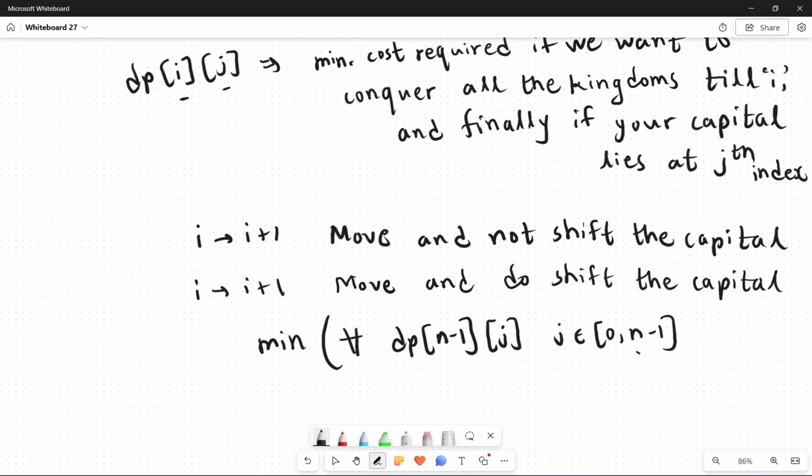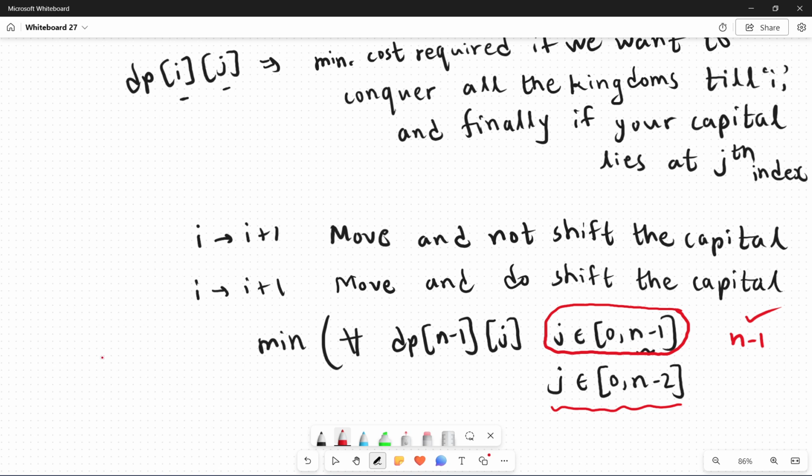Actually, if you think cleverly, j belongs to 0 to n minus 2, because if you conquer the last kingdom, the one at index n minus 1, then basically you're done. You don't have to shift your capital there. So j belongs to 0 to n minus 2. In this case, an O of n square solution would have been accepted, or you can say fit in the time limit.